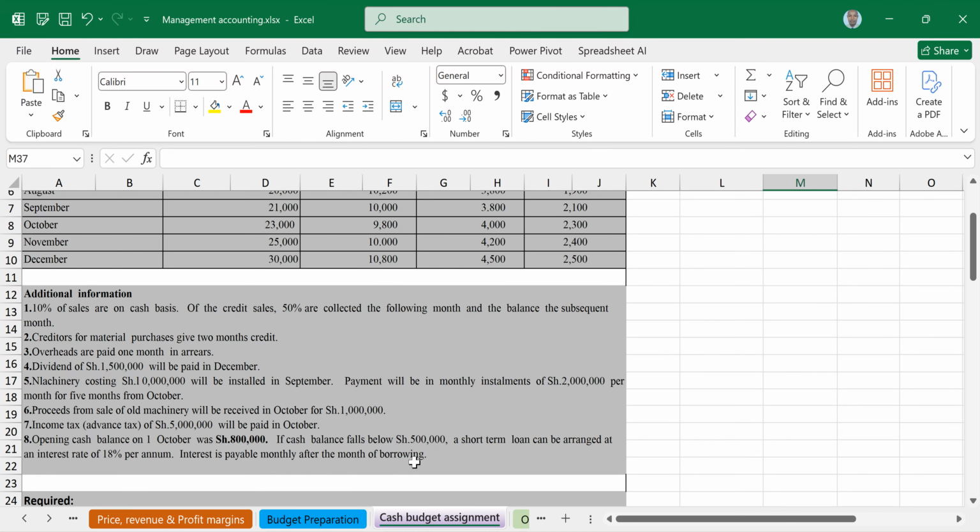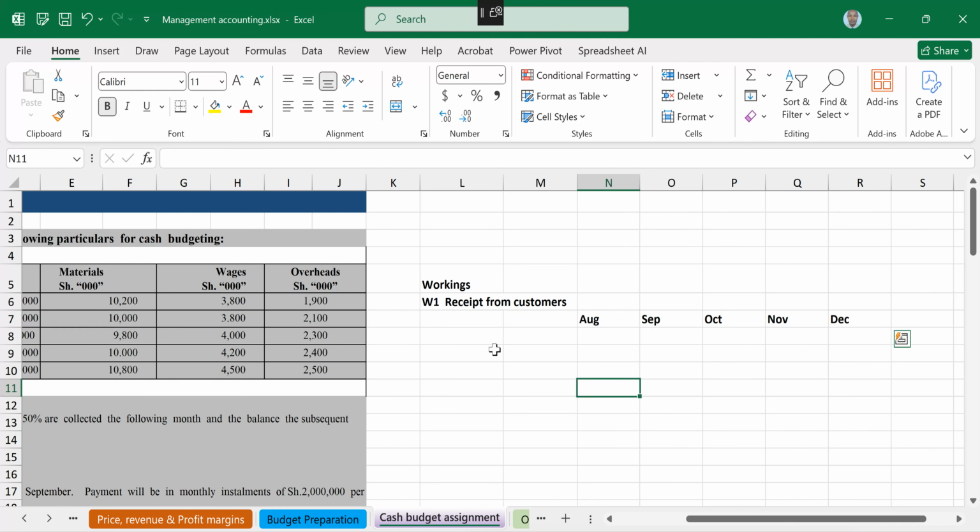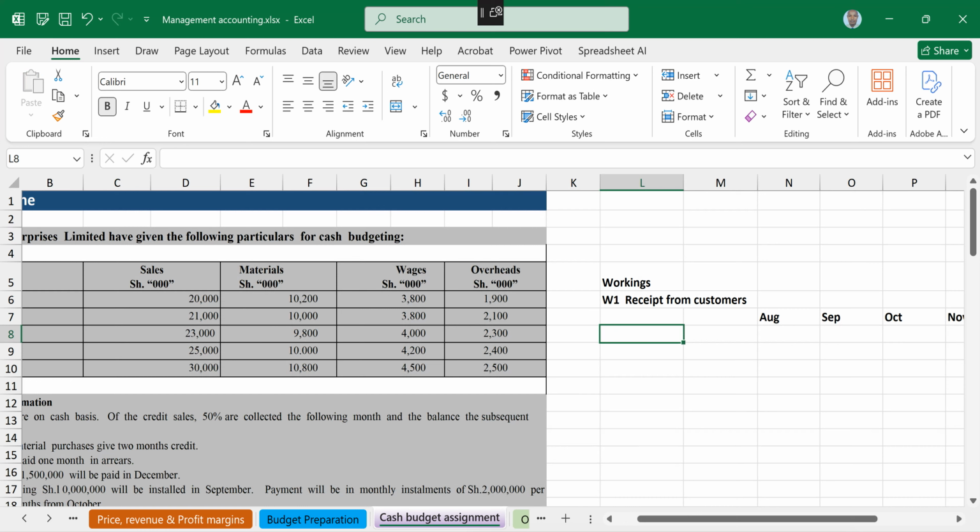Now we have months, which is August. So the first one being August, then October all the way to December. Cut and paste here from August to December.